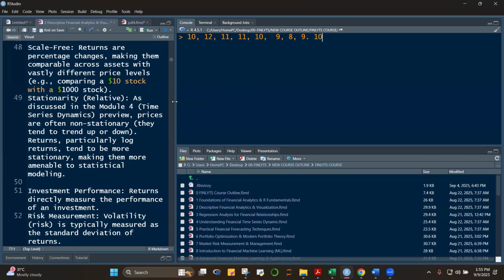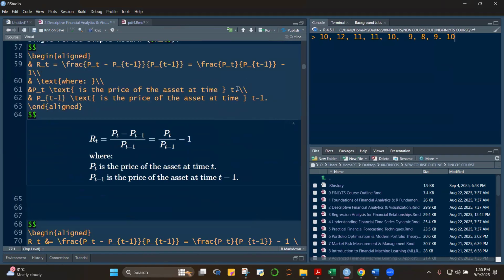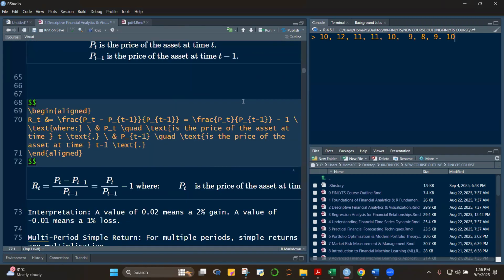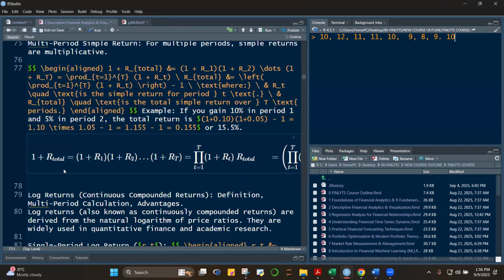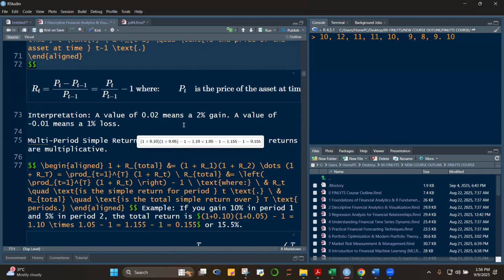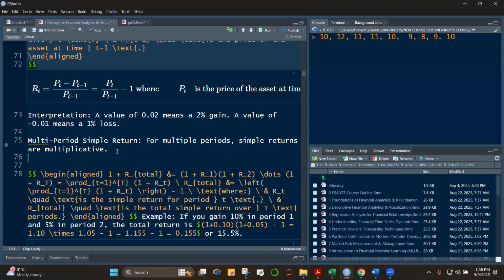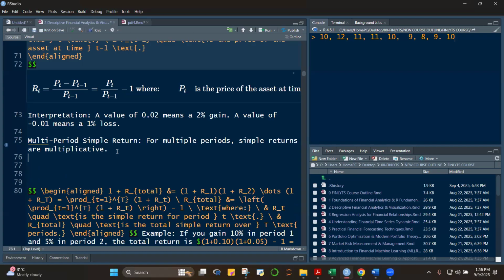But if you have a multi-period, how do you get the returns? Okay, so we need this formula, class. So how do you do this formula? Again, let's start. We'll do it. Again, dollar sign, class.